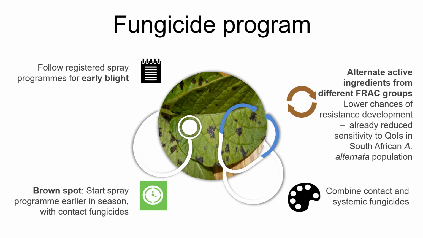So it is important to alternate active ingredients from different FRAC groups. What is also important to ensure sustainable disease management, and prevent development of resistance, is to combine and/or alternate contact and systemic fungicides in the spray program.